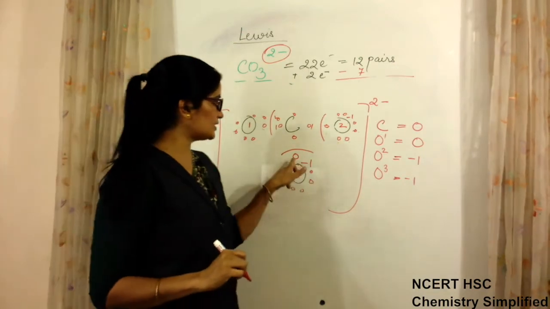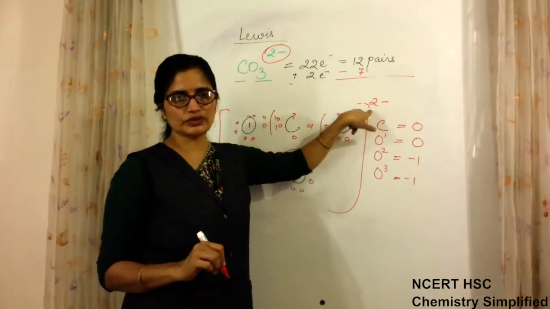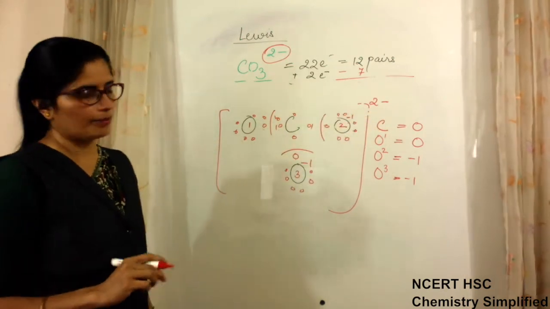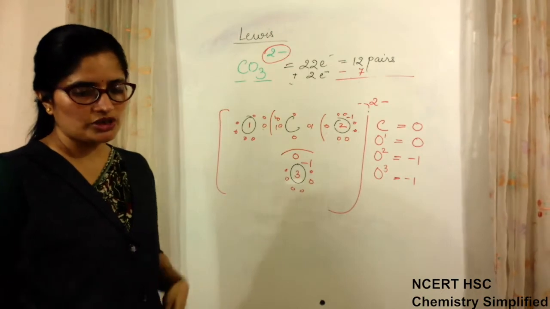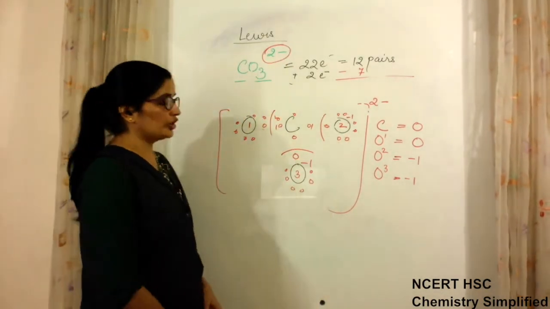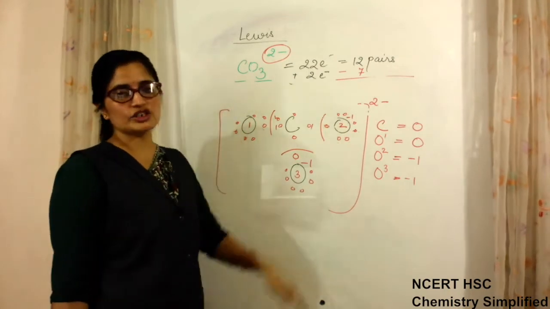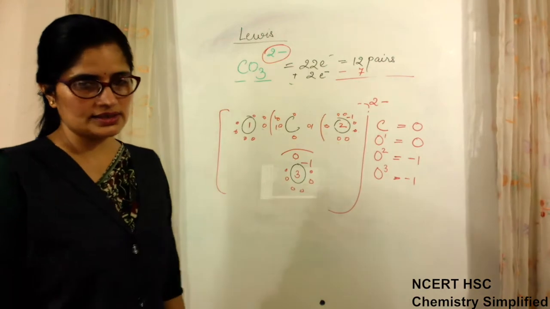Now from where have these 2 extra electrons come? This 2 negative which we have taken. Okay? But we are completing the octet of each. So this is the formation of molecules with the help of Lewis dot structures or Lewis covalent bond formation structures. Clear?